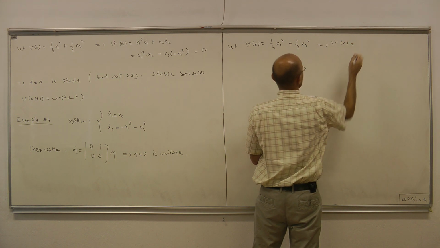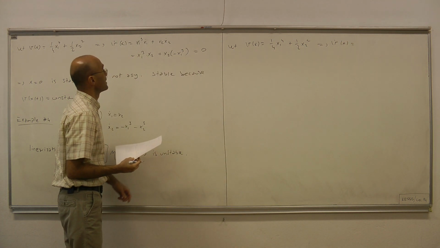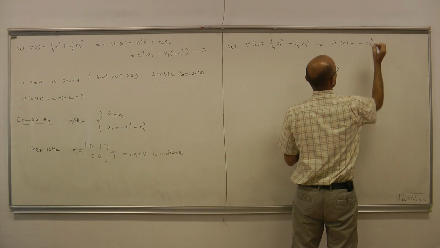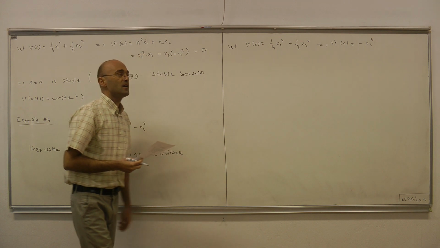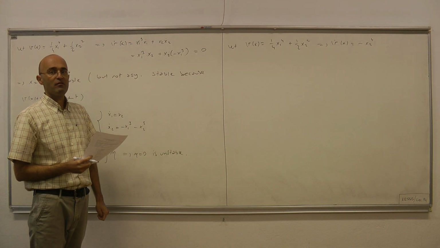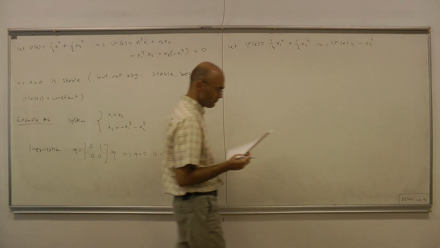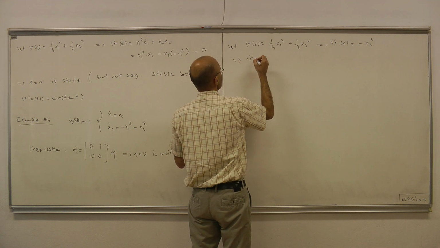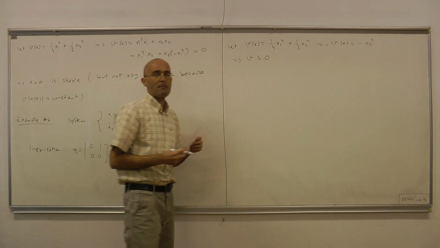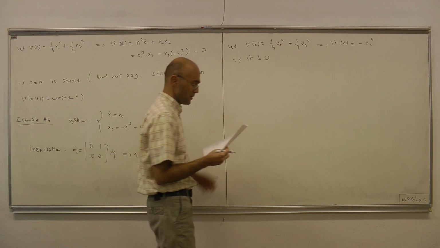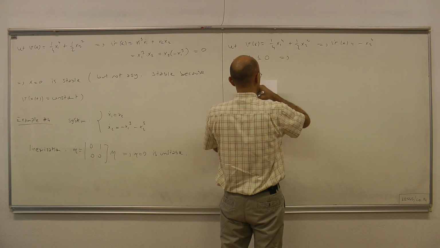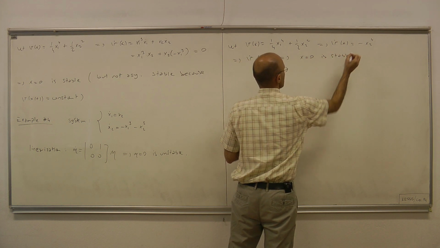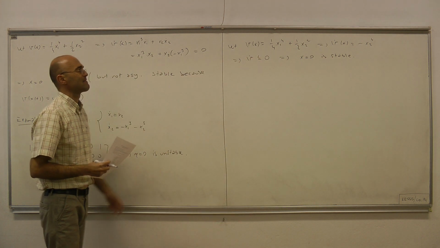V dot of x this time yields not 0 but minus x2 to the 4. So it's negative semi-definite. That implies V dot is never positive. Hence, by Lyapunov's theorem, the origin is stable.